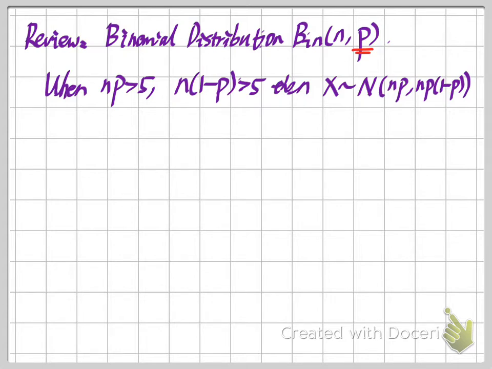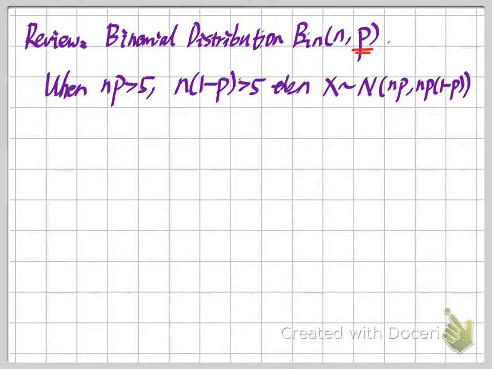Based on these two requirements, we can say our binomial random variable capital X is nearly a normal distribution with mean np and variance n times p times (1 minus p).